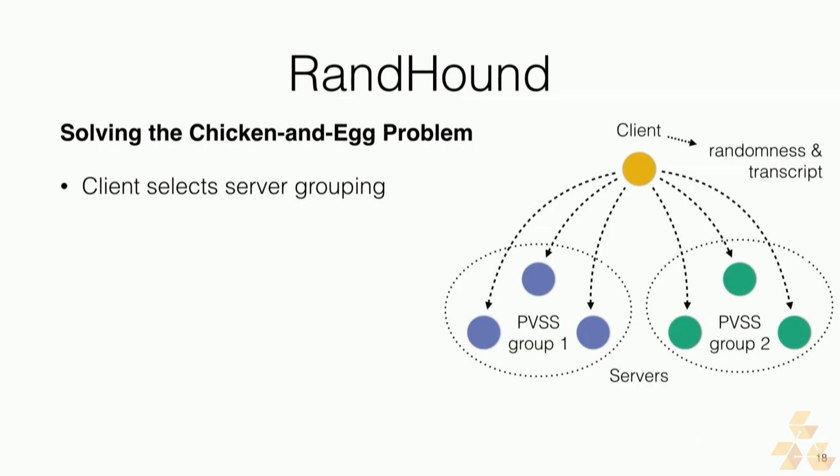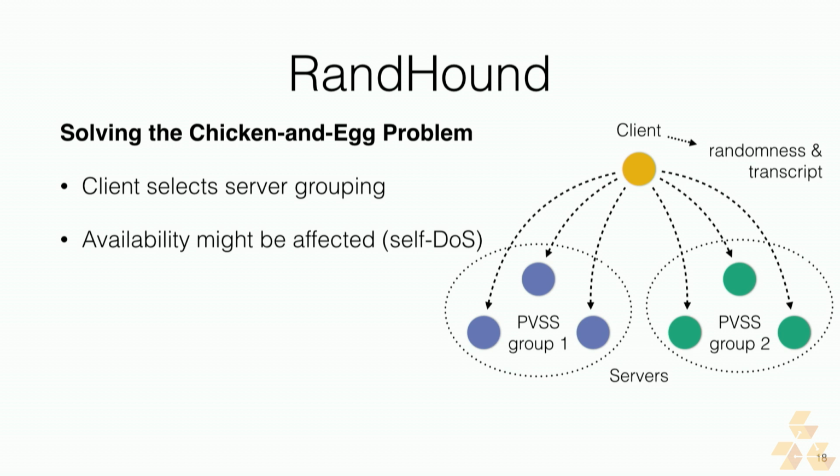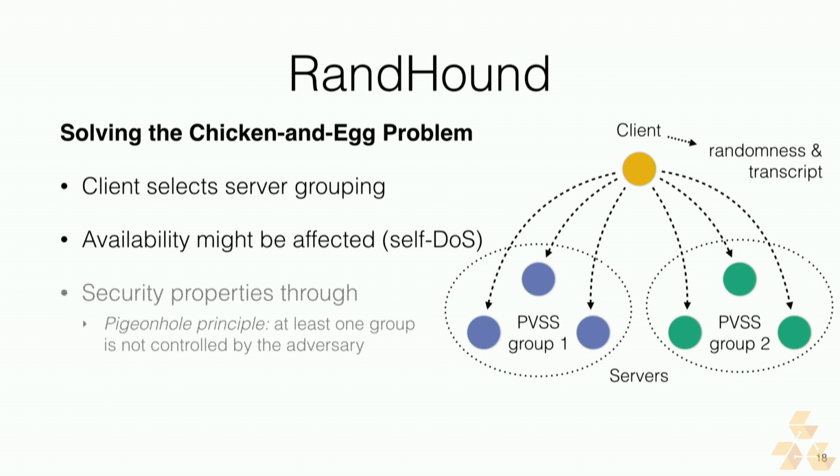So what do we do? To solve this problem, we just let the client select the server grouping, and we designed RandHerd in such a way that at most the availability might be affected. So all the client can do is DoS himself. So he can say, okay, I run this protocol, and then when he's screwing up the grouping, then yeah, the protocol fails, but that's not in the incentive of the client.